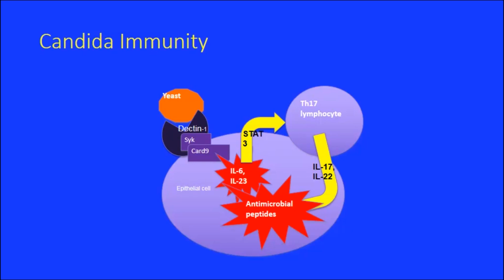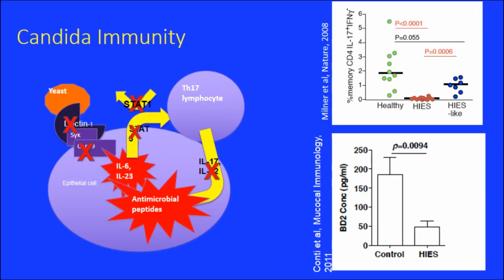They then secrete other little inflammatory molecules to talk to the other cells in the area, which then cause antimicrobial peptides, which are exactly what it sounds like. It's anti-microbe, so in this case anti-yeast, and peptides are just very short little proteins. So we know that all those areas where I put X's are genetic defects that can predispose individuals to have trouble with mucocutaneous candidiasis.